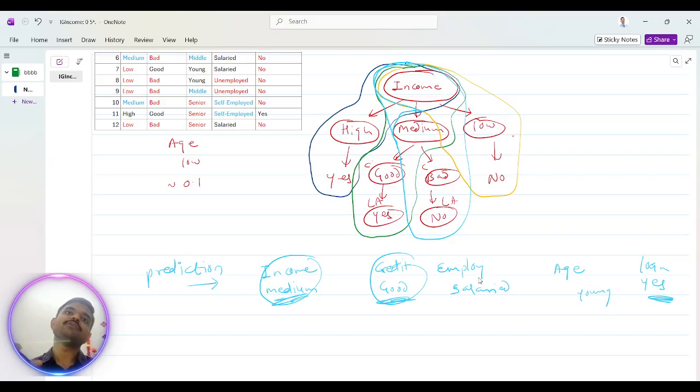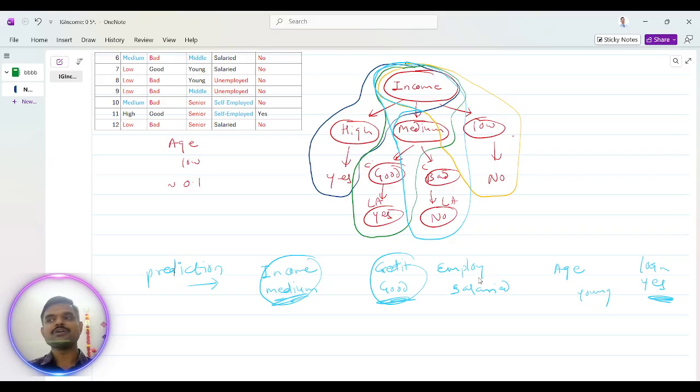For example, if you have 10,000 rows, for the first 1,000 rows there is one tree, for the second thousand rows there is another tree, and so on, so there are 10 decision trees, one decision tree for 1,000 rows only, and the average of all these 10 decision trees is equal to the output of one random forest. Forest means the trees. Random forest is the average of multiple decision trees.